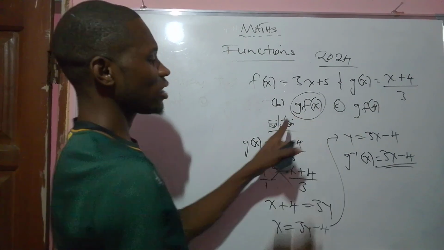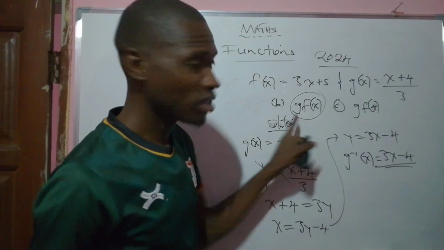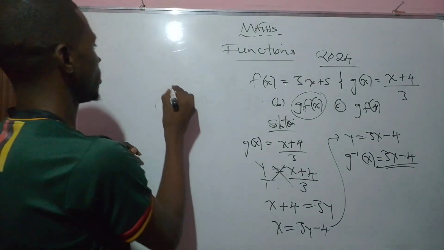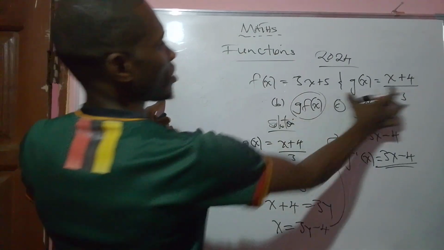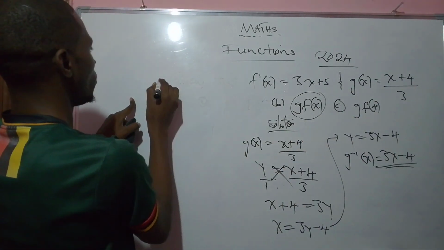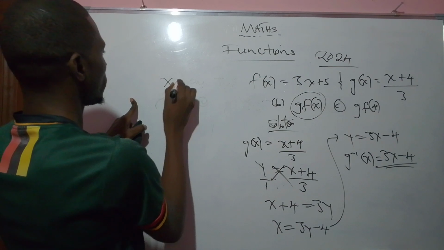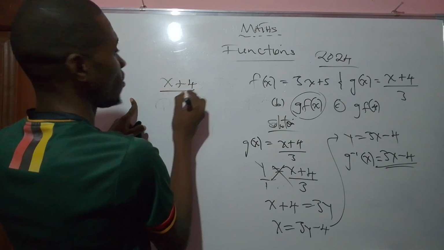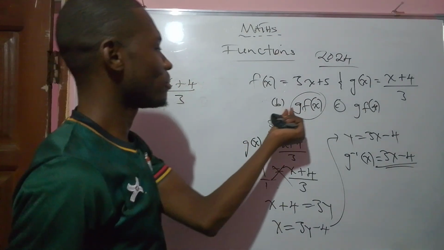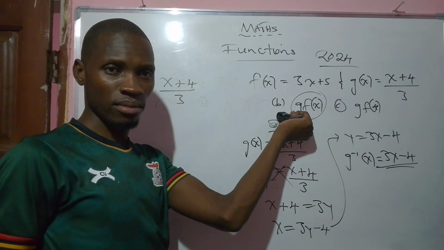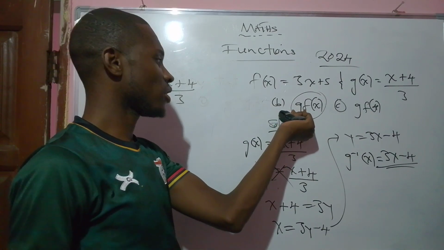For g of x, you first write the value for g. So we'll say g is this one. We'll replace where there is g, we'll put this part: (x plus 4) over 3. So I'm done with g.